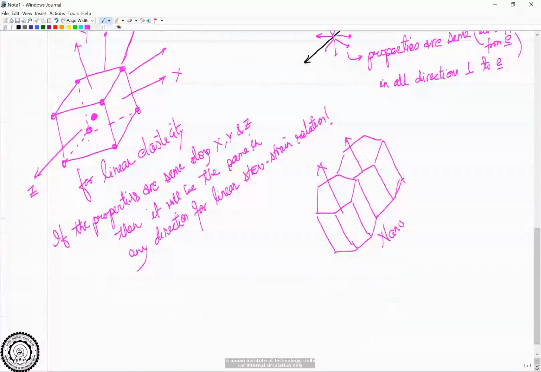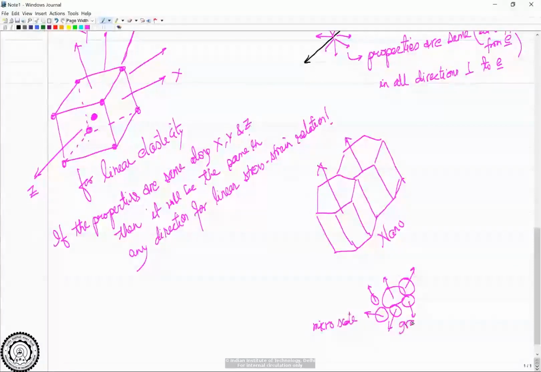But at micro scale, you will have grains, each of them being oriented differently. The grains are not all oriented in the same direction. So this is at micro scale.